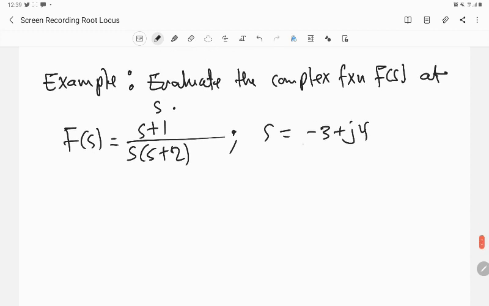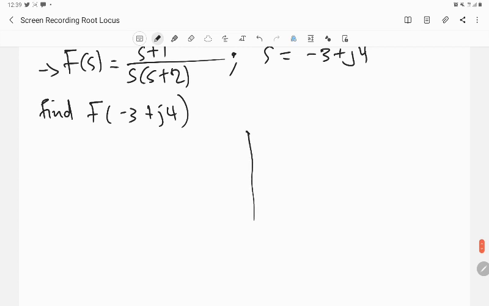So this can also be stated as: find f of minus 3 plus j4. Now we can solve this by first plotting, so we can do a plot.